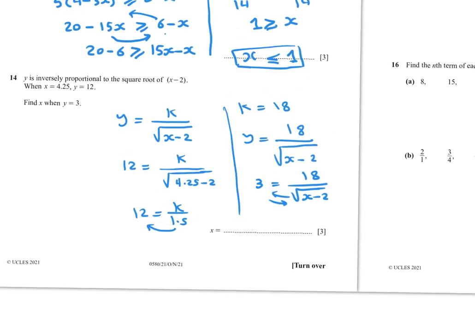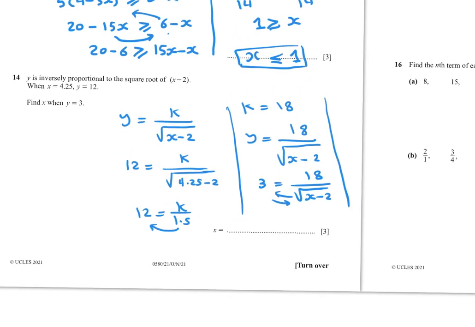So we can write the square root of x minus 2 equals 18 over 3, which is 6. So the square root of x minus 2 equals 6. Now by squaring both sides, x minus 2 equals 36. So x equals 36 plus 2, so 38.